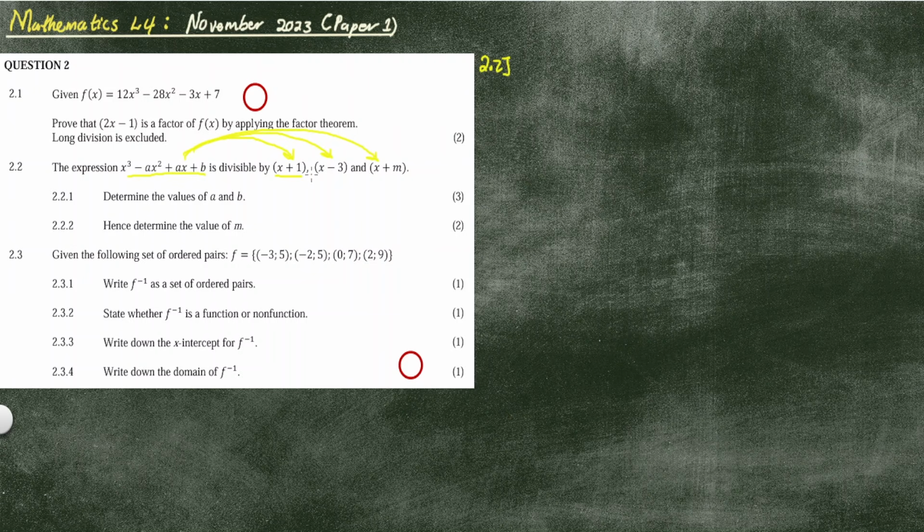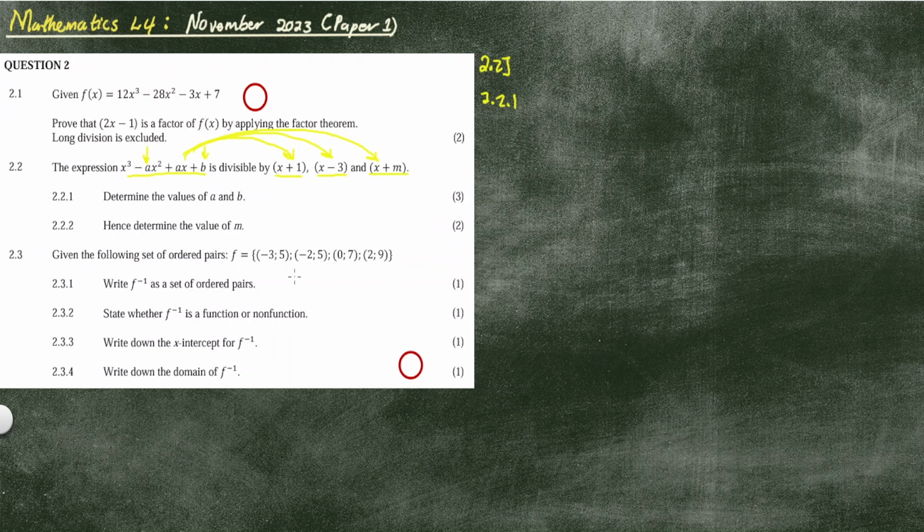This means that these binomials are factors of that expression. If they are divisible, they are factors. So 2.2.1, determine the values of a and b. We want the value of a, and we also want the value of b.